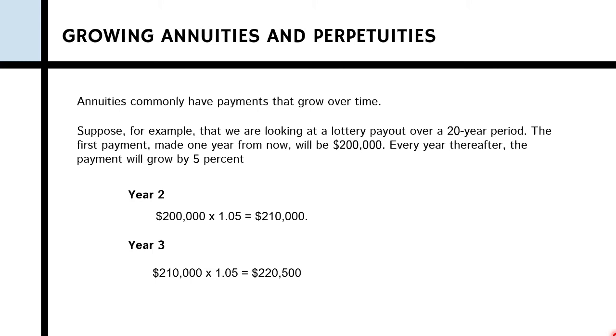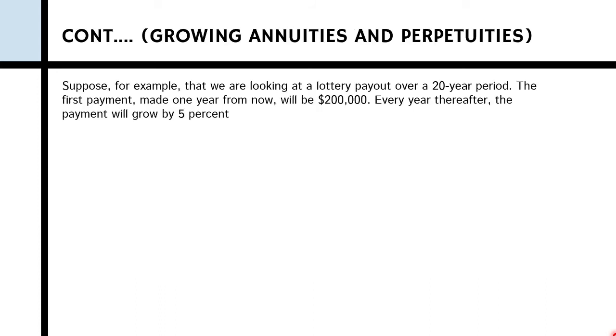The payment in the third year will be $210,000 times 1.05, which is equal to $220,500, and so on. What's the present value if the appropriate discount rate is 11%?